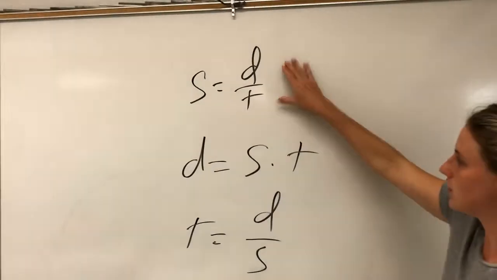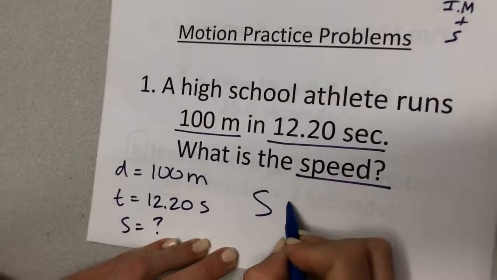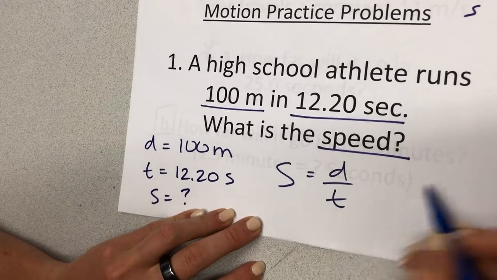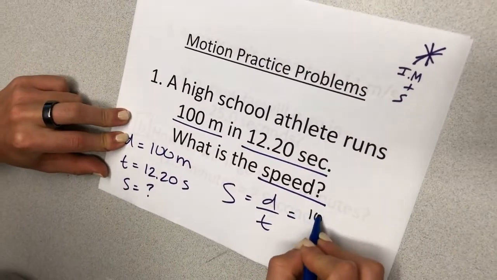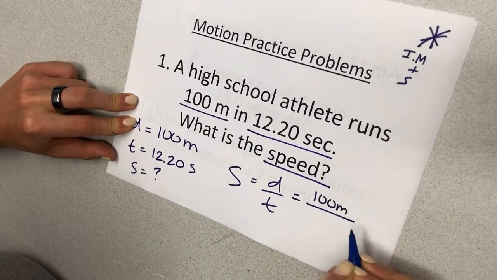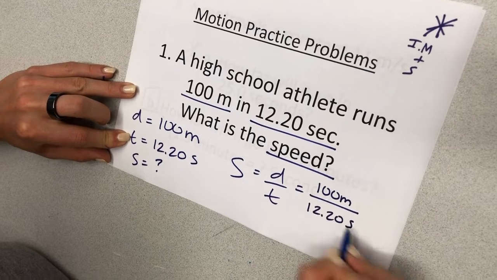If I look back up at my options for equations, I'm going to choose this one: speed equals distance over time. My distance was 100 meters, my time 12.20 seconds.